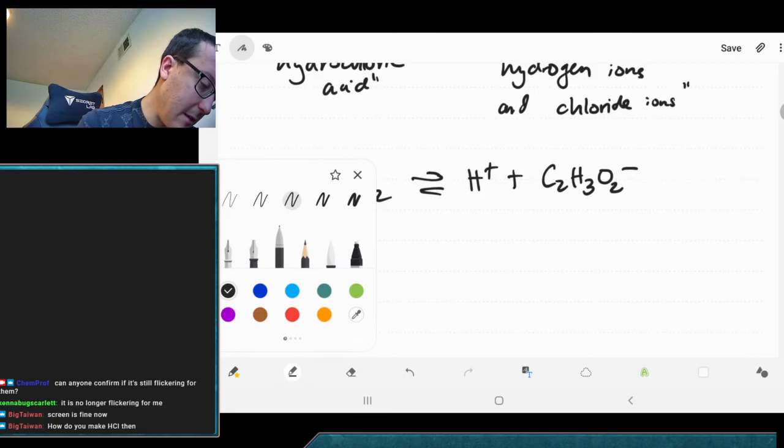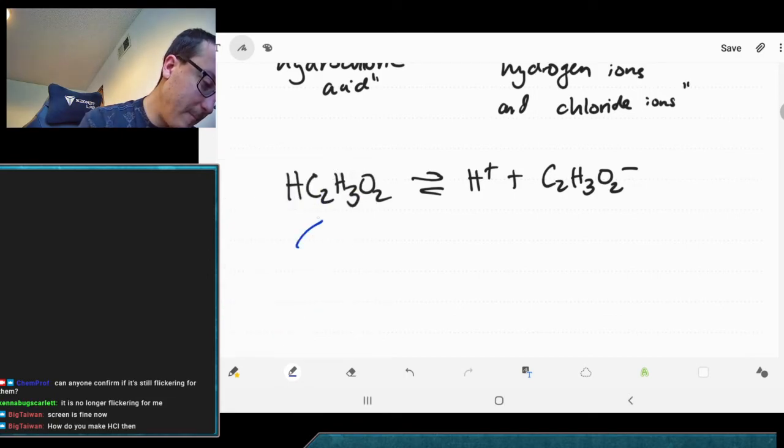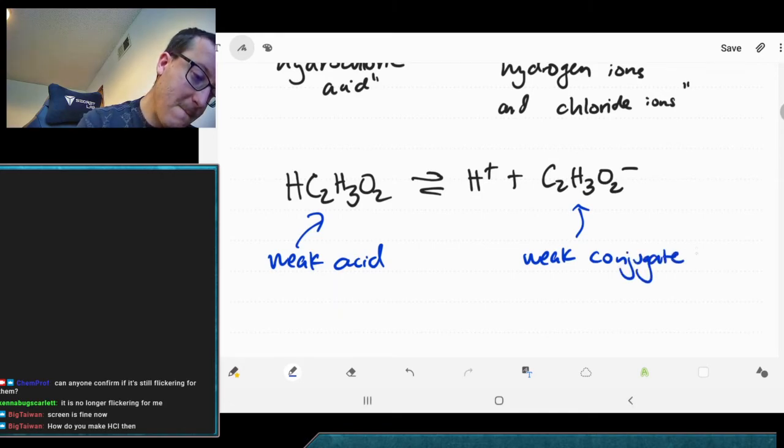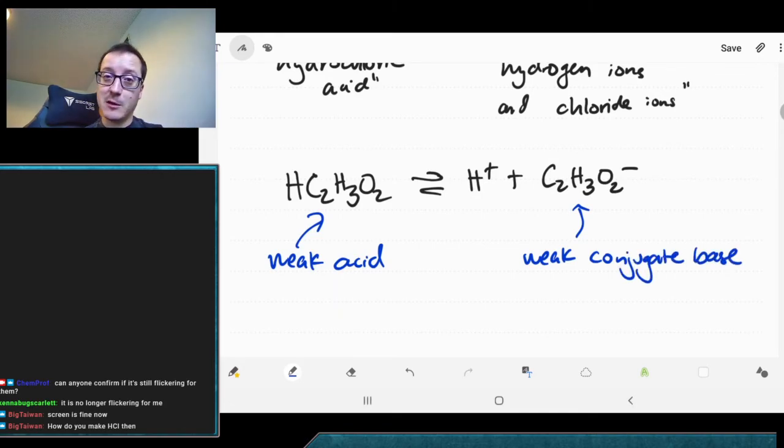So we're going to say that this is a weak acid. As a result, it makes a weak conjugate base. Not an extremely weak one. Obviously, if it were an extremely weak one, then this would be a strong acid. So it's not extremely weak. It's still going to be a conjugate base.